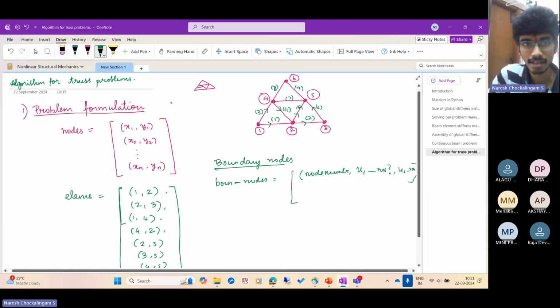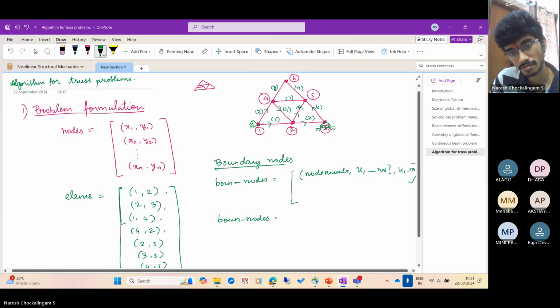Suppose I gave the boundary conditions like this. This is hinged, and here you have a roller. So this is statically determinate. So in this case, what will be the boundary conditions? Node 1, True restraint, True.